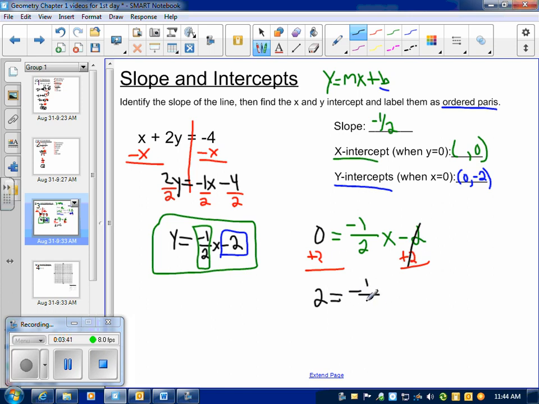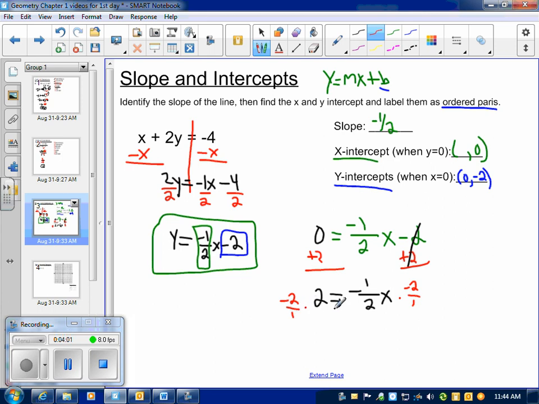And then we're left with negative 1/2 times x. Now, to get rid of the negative 1/2, I like to multiply both sides by the reciprocal, which is negative 2 over 1, or some people just say negative 2.